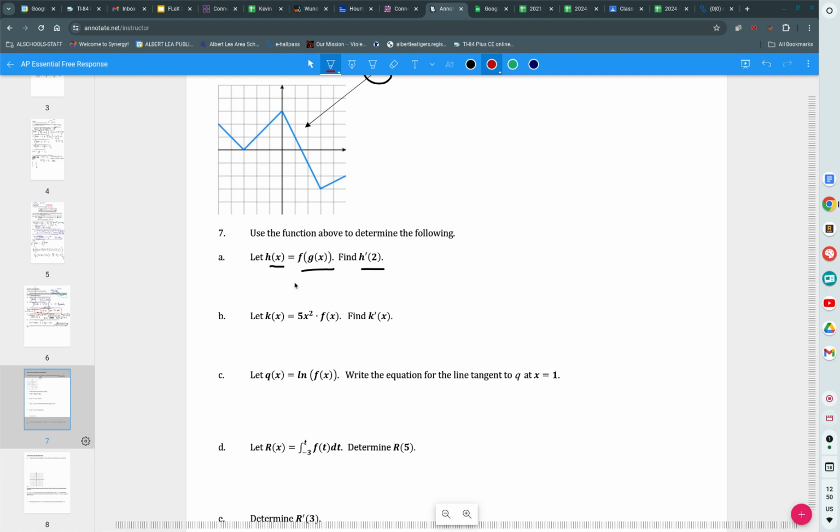5, 4, 3, 2, 1. This is a composition function, so if I'm going to find the derivative, I use the chain rule. Did anybody here say the chain rule?